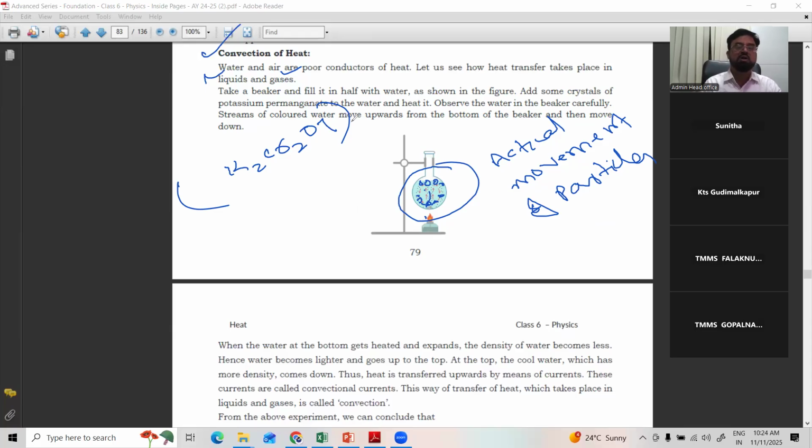A stream of colored water moves upwards from the bottom of the beaker and then moves down. You can see colored bubbles, because we added the potassium permanganate. Bubbles move up like this and go down, and finally we can see all colorful water.